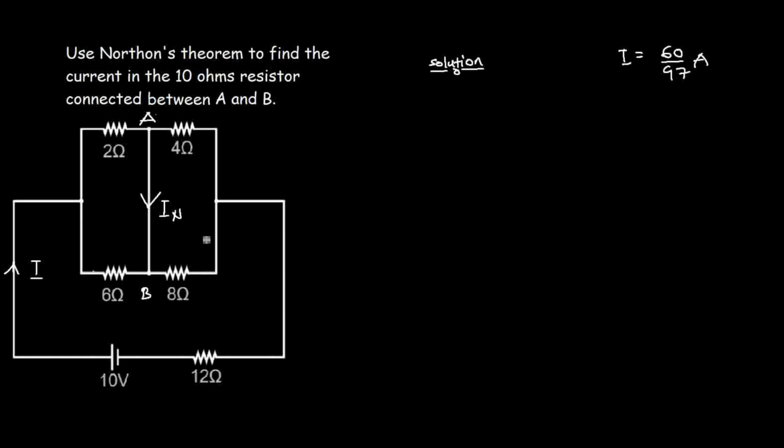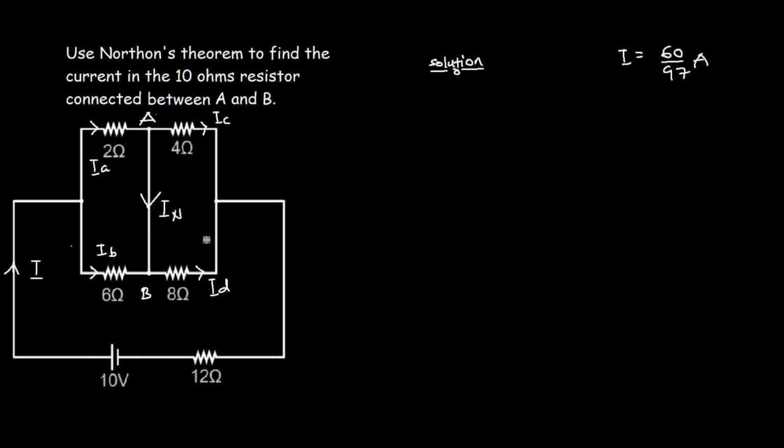I'm going to name this current IB, and I'll name this IE, and then this current IC, and then this ID. I don't think you are going to use this current ID, but let's write it there.